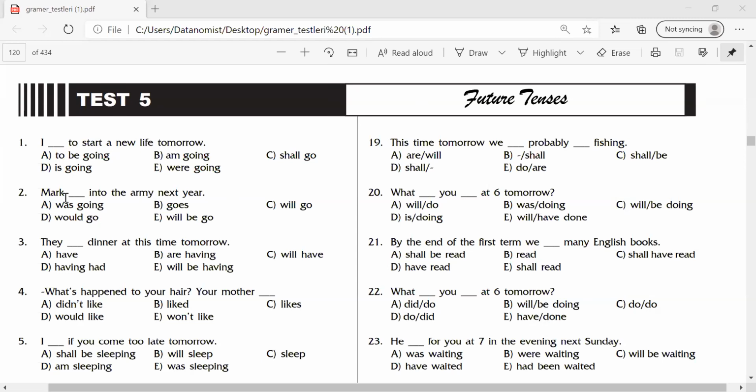Now, Mark dash into the army next year. Was going, goes, will go, would go, will be going. What's your answer?